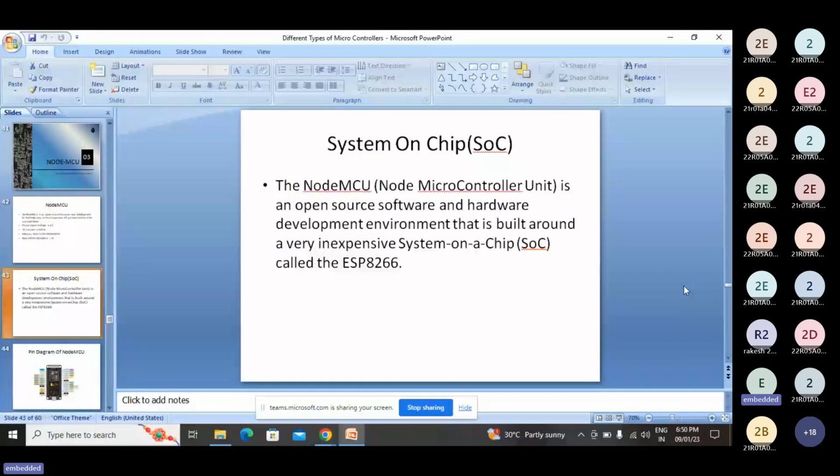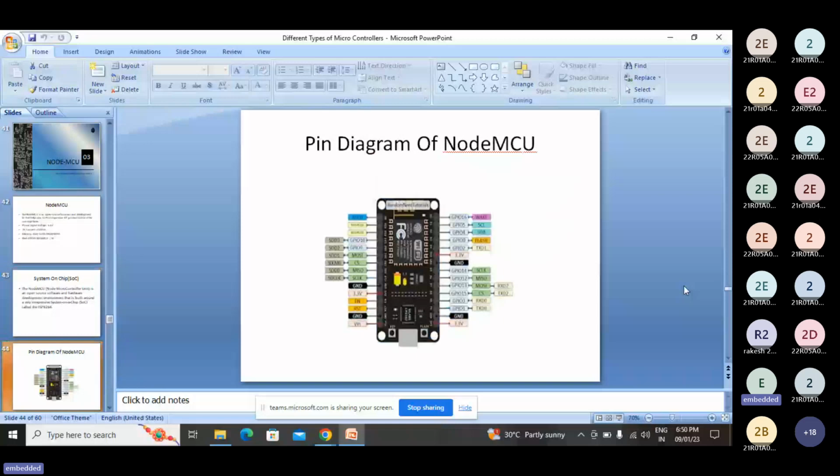The NodeMCU is an open source software and hardware development environment that is built around a very inexpensive system on chip called ESP8266. So this was the pin diagram of NodeMCU.